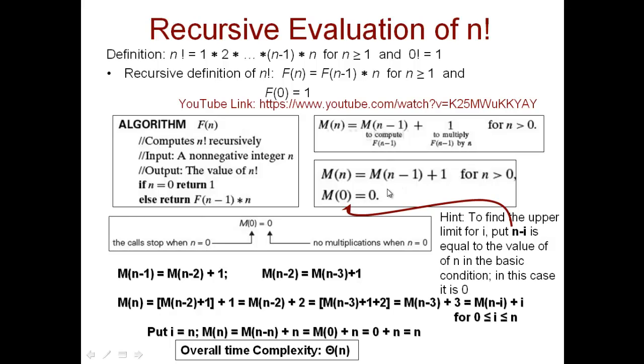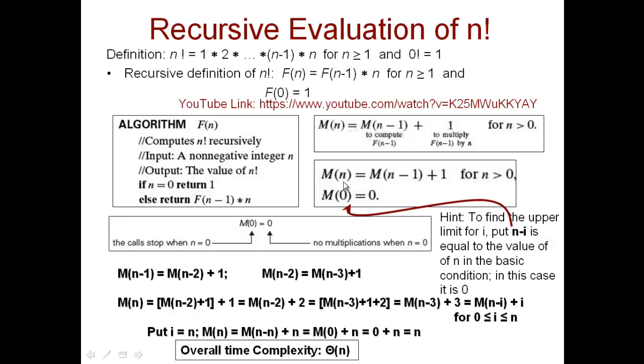Okay, so this is what we want to solve, and we took this approach of reducing to a lower order term, then coming up with a general recurrence relation and solving it. So M of n can be written as M of n minus 1 plus 1 for any n greater than 0.